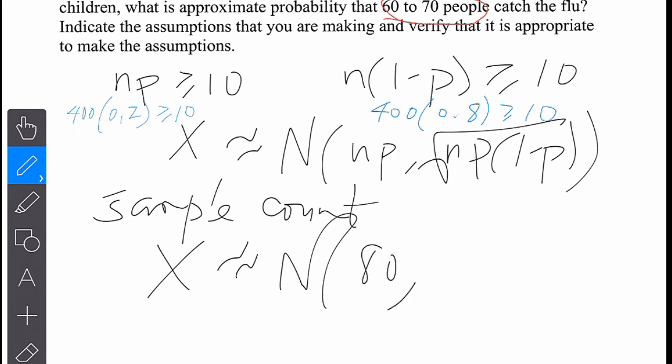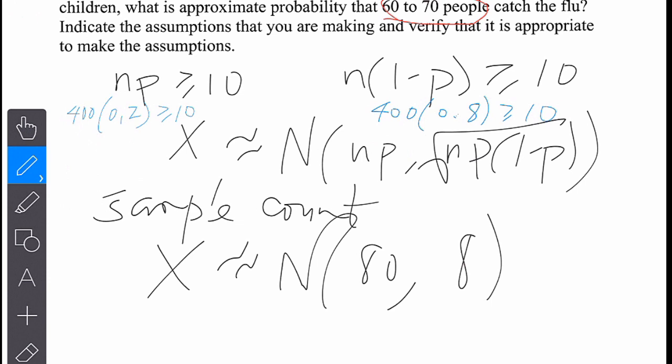And the standard deviation is the square root of n times p times 1 minus p, which is 8.